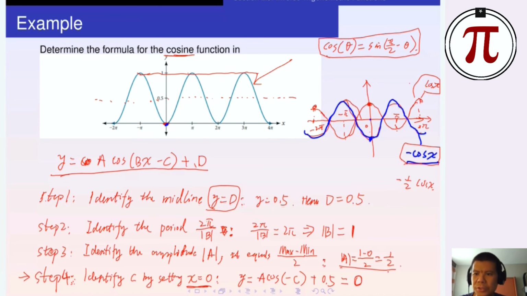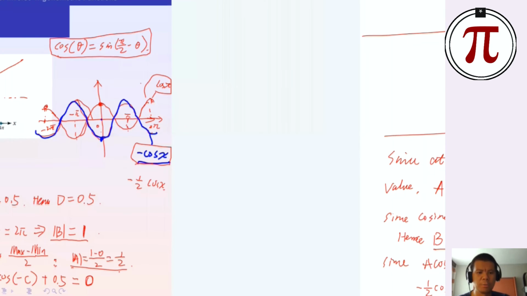Since it is a cosine, we may just use b as a positive number. The argument is given here.